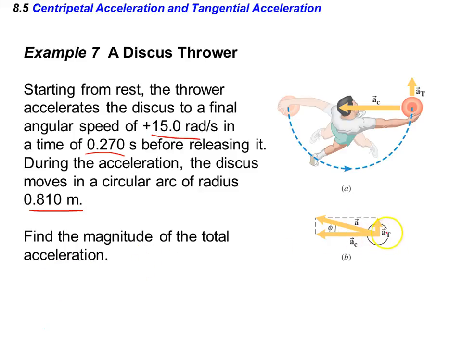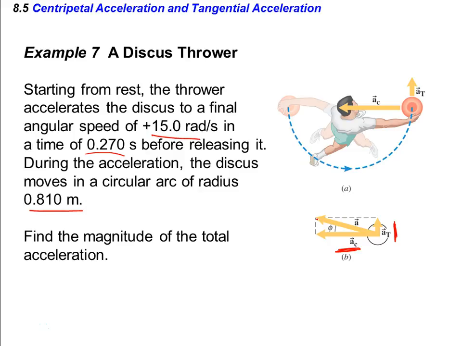So there's two different types of acceleration. We have centripetal acceleration moving in towards the center, and then we have tangential acceleration because we're speeding up the rate at which we're rotating. So the vector sum of these two will give us the total acceleration, because these two have to be at 90-degree angles. One is radial, one is tangential.